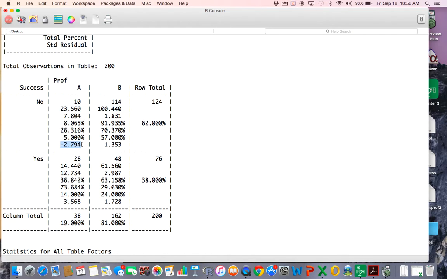The negative 2.794 tells us that the observed frequency for those who did not succeed under Professor A was 2.8 standard errors lower than we would expect if there's no significant relationship between success and professor.